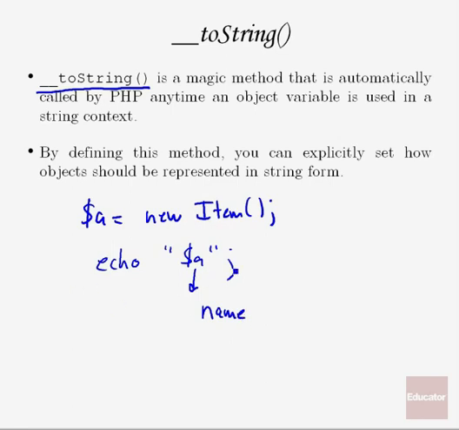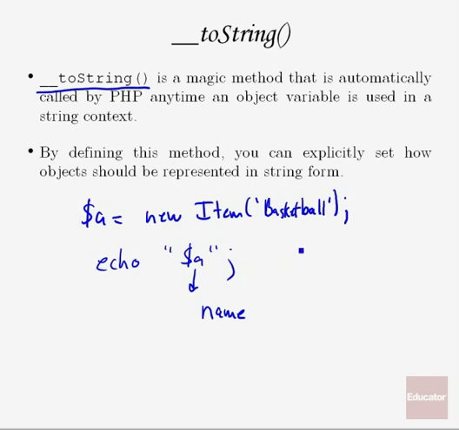So let's say we had an item object, an item class that's different from our web application. It just takes one parameter that's the name of the item. So now when you go to echo A, which you're basically saying I want to echo this item object, the toString method is going to get automatically called by PHP, because it's a magic method.